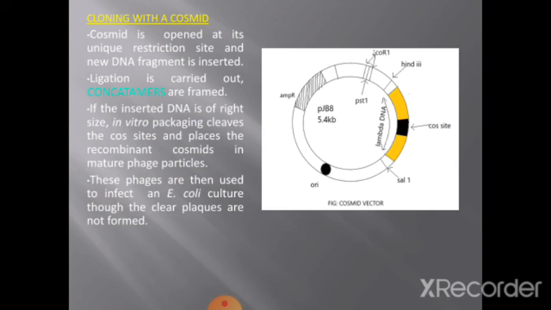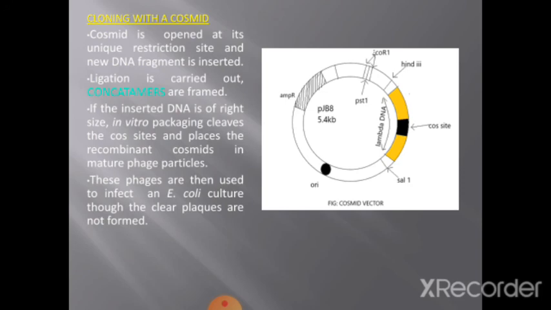All right. Now, how exactly is cloning brought about in case of cosmids? How is cloning done? The cosmid is opened at its unique restriction site, and a new DNA fragment is inserted. And then, as usual, ligation is carried out.